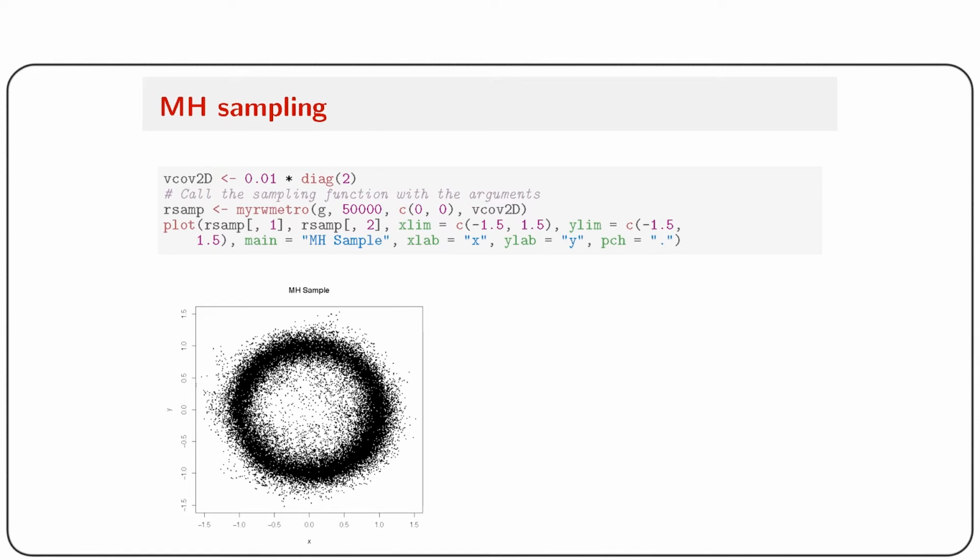Say the variance covariance matrix in 2D is 0.1 times diagonal of 2, and then rsample equals my rwmetro, with the function g as the target function, then 50,000 samples, initial values are 0 and 0, and then the variance covariance matrix is the Vcov2D, and that will give you the sample. And if you just plot it through the plot function, you will see it is quite similar to the previous plot that we have seen.